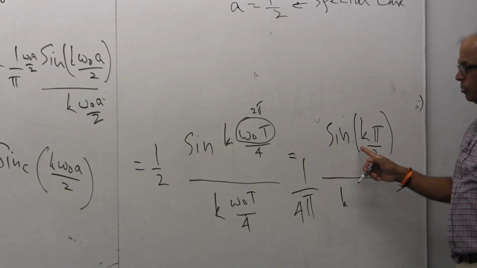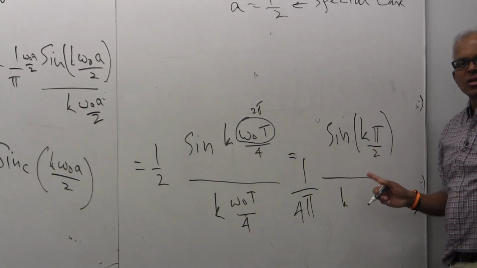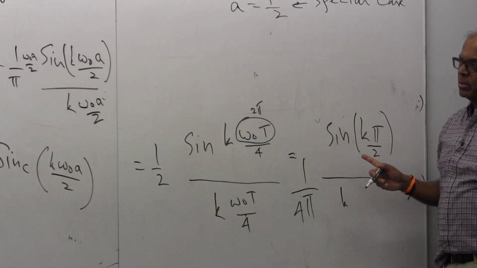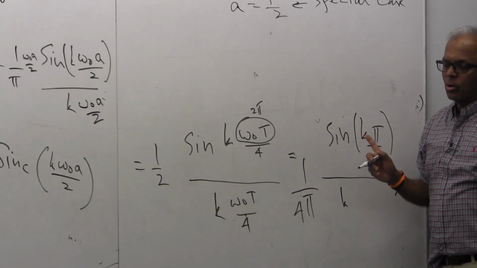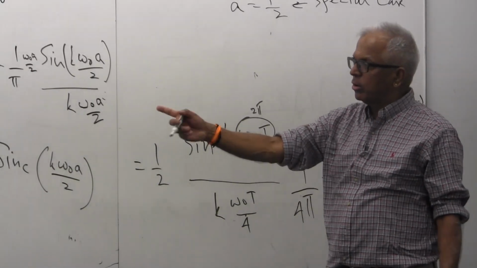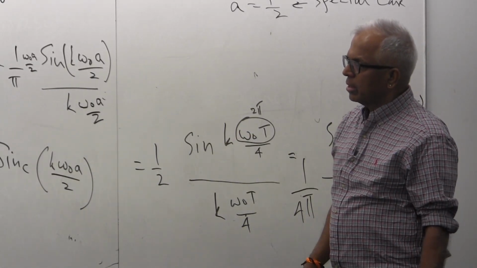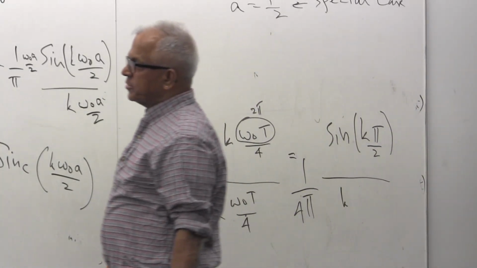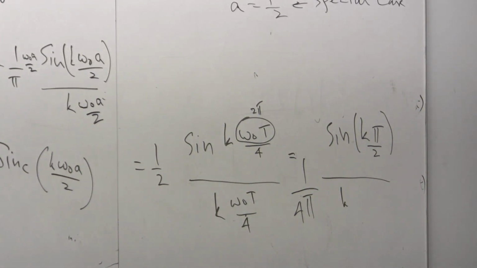Okay, so now how about this? What is sine 0? k only goes from 1, 2, 3, etc., right? k equal to 0, we already took care of it. Where did we take care of k? Somewhere here, right? We took care of a naught.